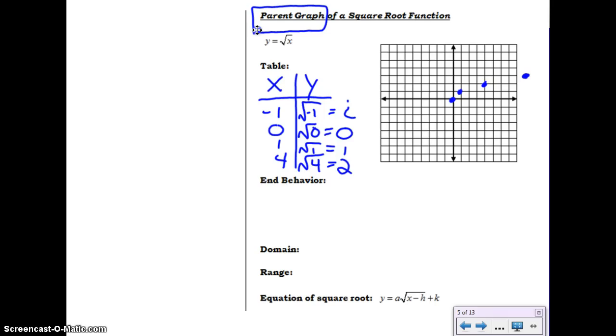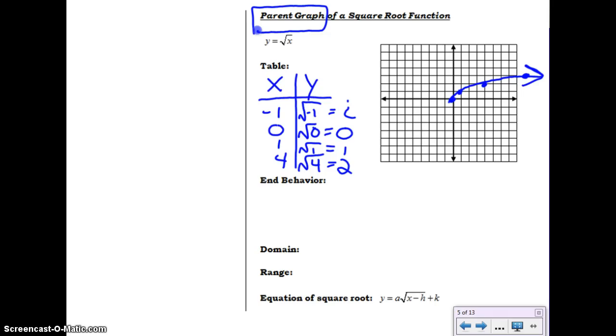So that would be my next point, which means my square root graph looks like that. So I don't have any points on the left side of my graph because those would be imaginary numbers if I took the square root of a negative number. So the square root graph actually just starts at 0, 0, and then it goes off to the right. That's my parent graph. So without moving it up, down, left, right, or without stretching it, that is what a parent graph of a square root would look like.